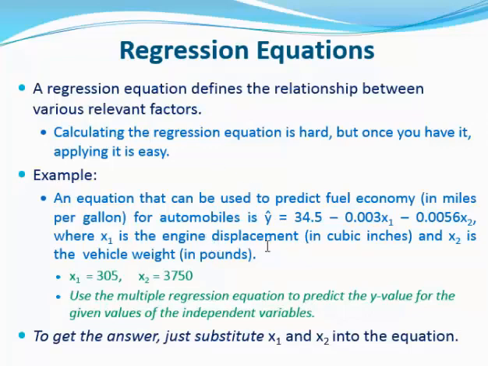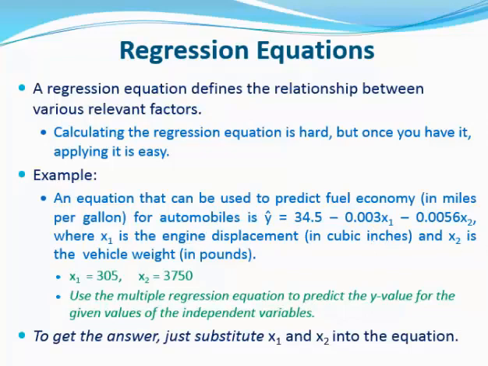An equation that can be used to predict fuel economy in miles per gallon of automobiles is y hat, which is really an estimate of y. We don't know exactly what y is in a regression equation, so it's used with that little hat on top, which means it's an estimate, equals 34.5 minus 0.003 x1 minus 0.0056 x2, where x1 is the engine displacement, and x2 is the vehicle weight.